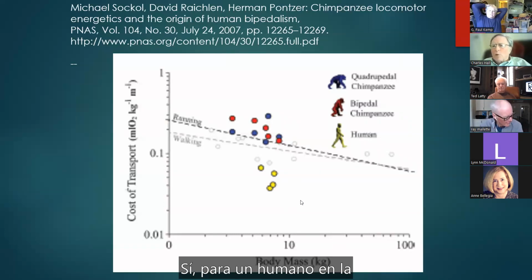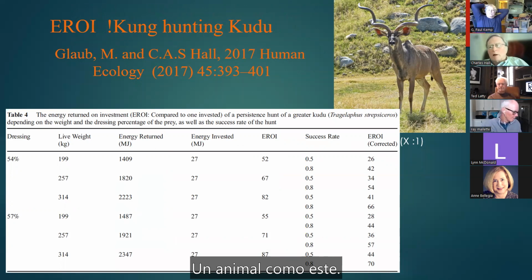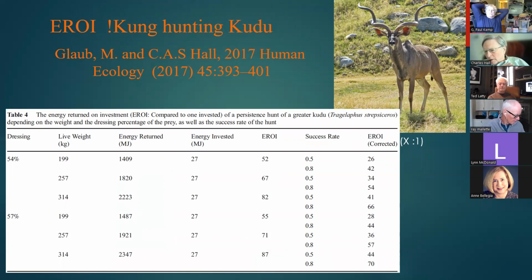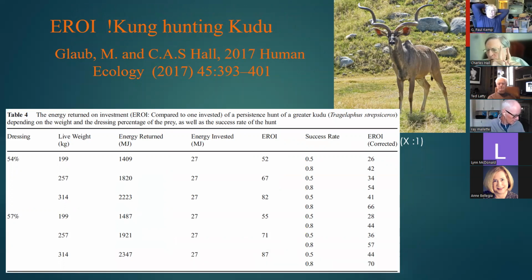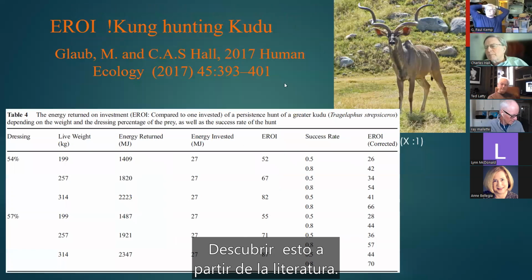Now, in order for a human to catch an animal like this, a kudu, which is much faster than a human, humans had to figure out how to hunt them, and a lot of our paper is figuring this out from the literature.